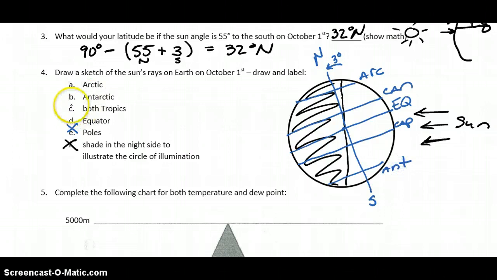So I have the equator, the tropics, Antarctic, Arctic, they're all there. You notice everybody gets a little sun or a lot of sun. Everybody gets a little night or a lot of night. So nobody has 24 hours at this point. Because remember, not too long ago we had the equinox where everybody got an equal 12 hours of day, 12 hours of night. So now we're moving into fall for us, spring for the southern hemisphere.